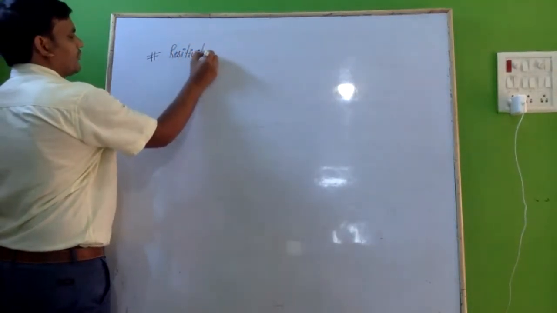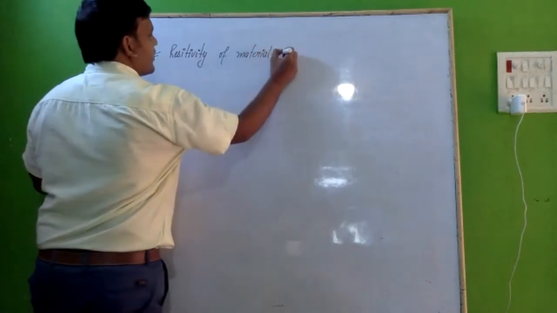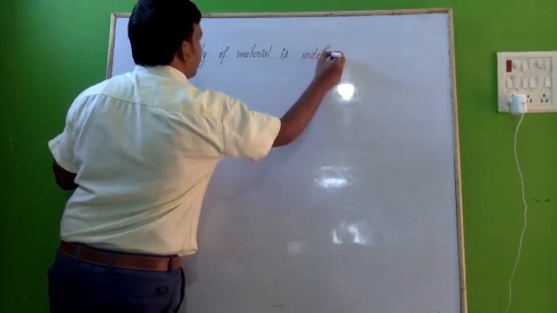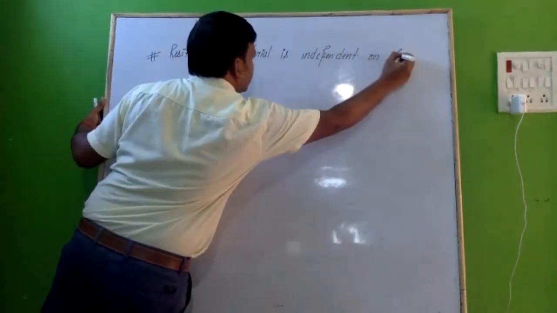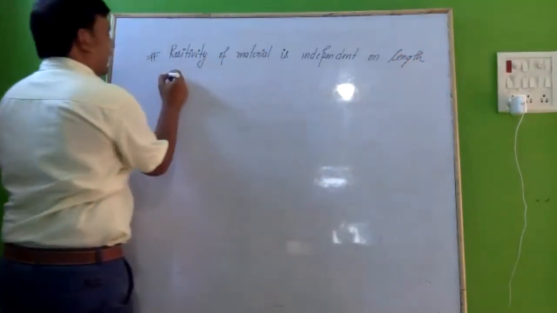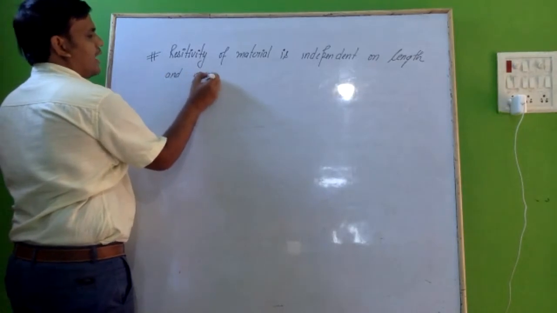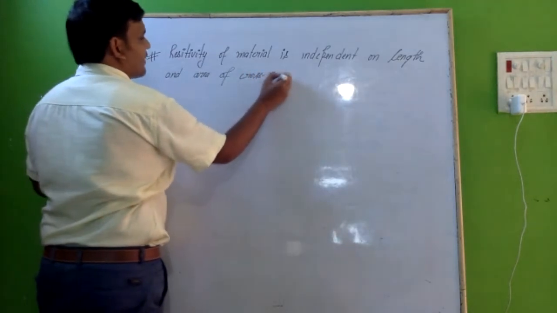The resistivity of the material of a wire is independent of length and area of cross section. So this is a very important point.